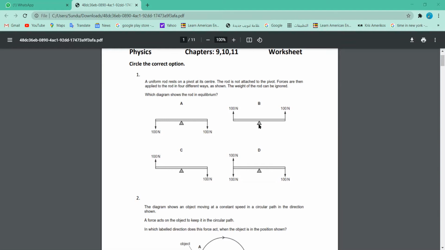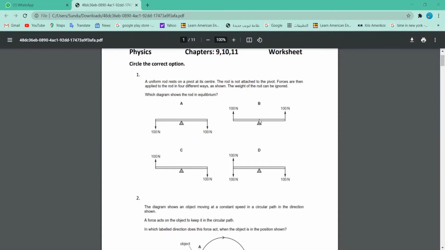Nibita, rod B needs a downward force for the equilibrium. Miss, the rod would just be lifted off the pivot. Wouldn't the rod be just lifted off the pivot, because if it said that the weight is ignored? Yes, so that's what I was saying. There is no downward force to balance it.